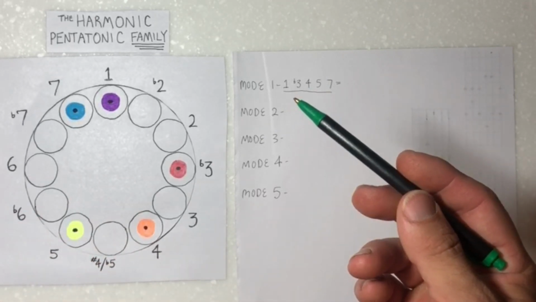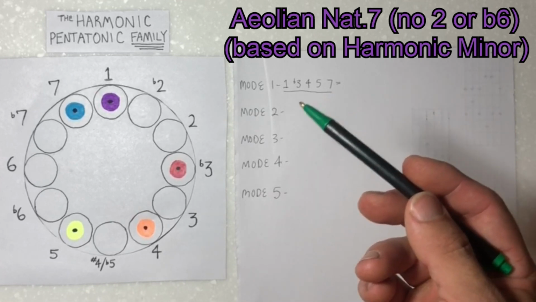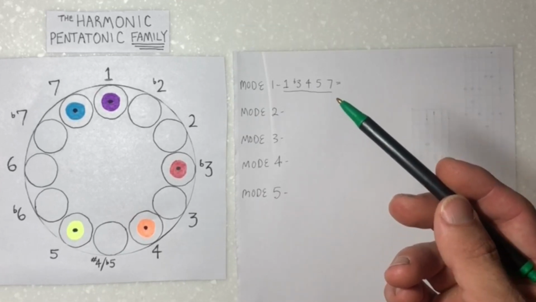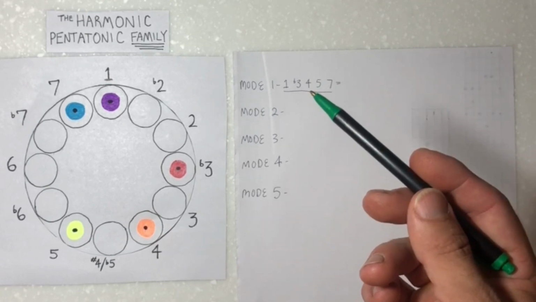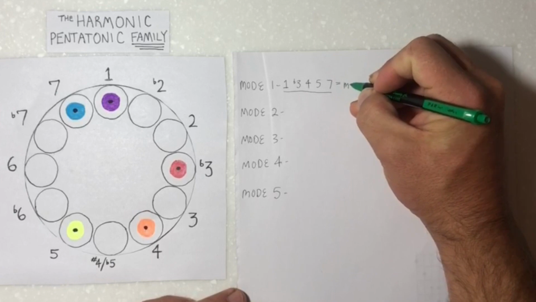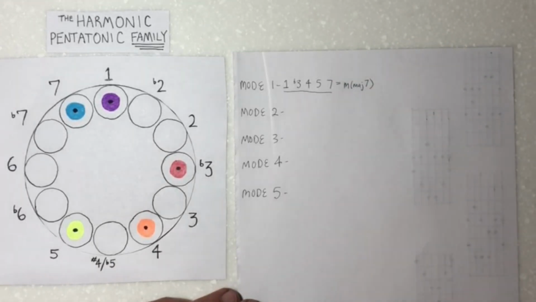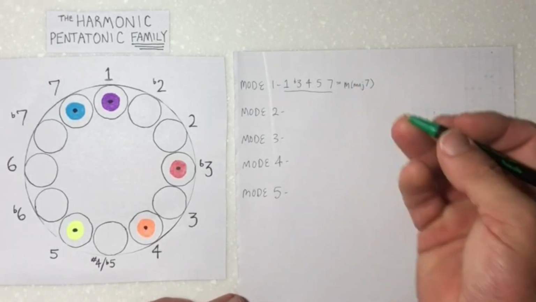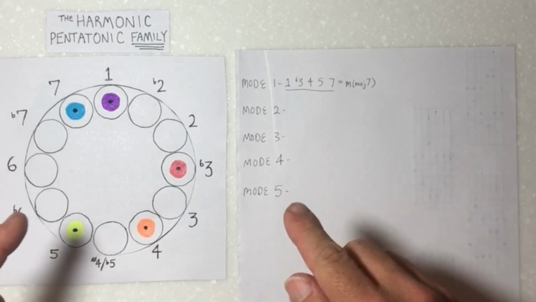We've got a root, a minor 3rd, and a 5th, so we know we got a minor triad. We have a 7, so a minor major 7 chord with an 11 or a 4th on it. For the sake of simplicity, I'm just going to put minor major 7. We'll leave the 4th off. Sometimes the extensions are just extra information. Now let's go to our next mode.